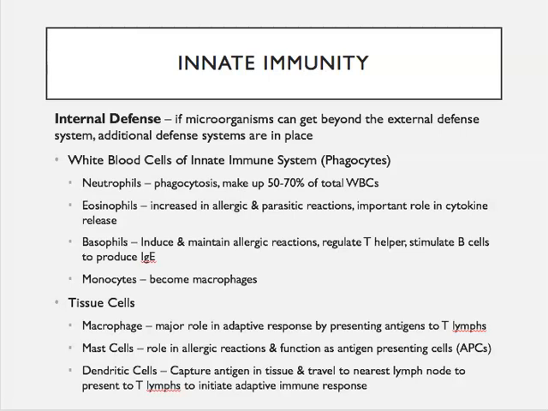Then our tissue cells. The macrophage is a type of tissue cell that comes from the monocyte, and they have specific names depending on the location that they originate from. These macrophages play an important role in innate and adaptive immunity.